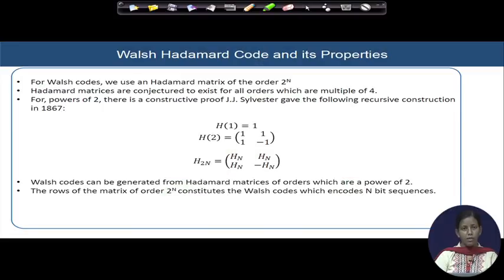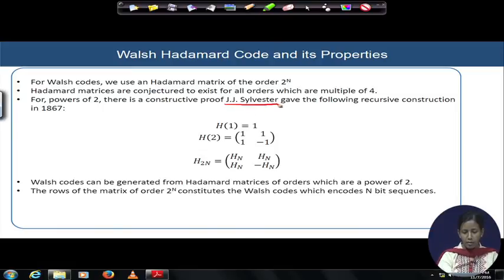For Walsh code, we always use the Hadamard matrix, which has the order of 2 to the power N. Hadamard matrices are conjectured to exist for all orders which are multiples of 4, and for the powers of 2, there is a constructive proof given by J. Sylvester, who showed that higher order Hadamard matrices, Walsh Hadamard codes, can be generated from lower order codes. So this recurrence relation we will be using for generation of the Walsh Hadamard code.